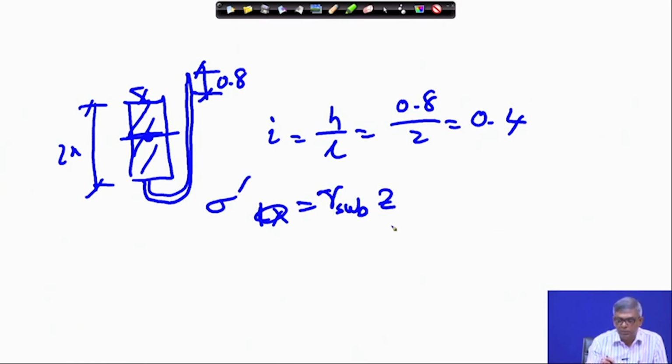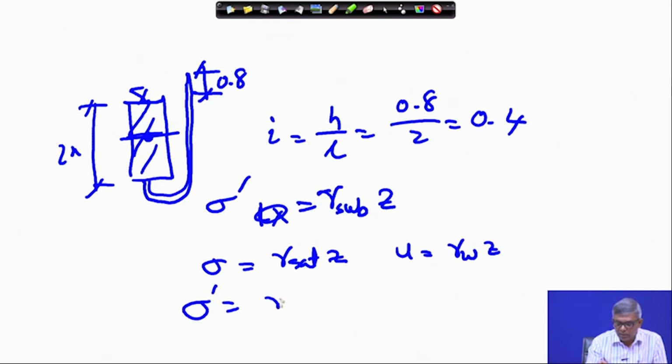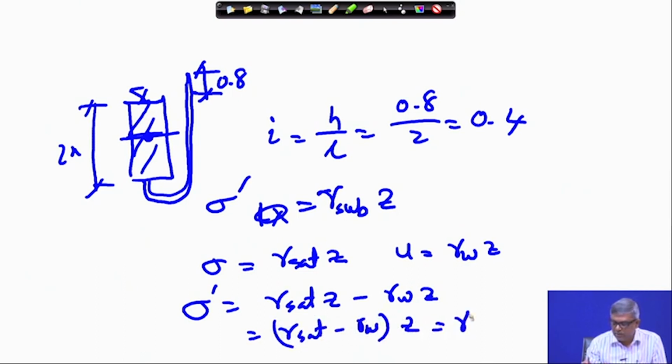This is the way we can do it, or we can do sigma equal to gamma sat into Z, and u equal to gamma W into Z, and sigma dash equal to gamma sat into Z minus gamma W into Z. So, ultimately gamma sat minus gamma W into Z, which is nothing but gamma submerged into Z, which we have shown.